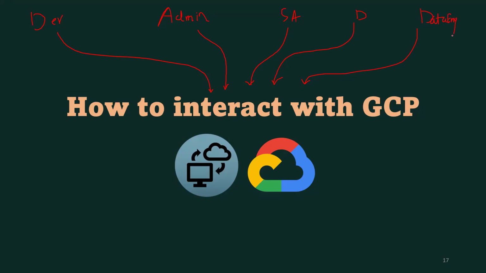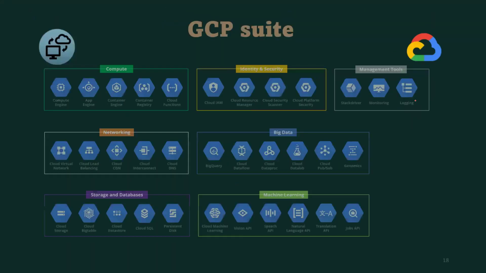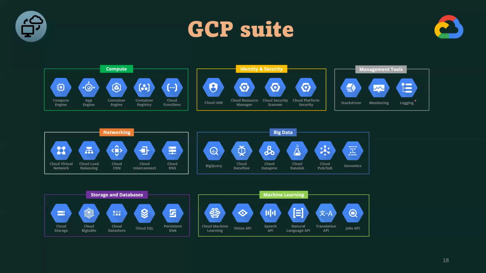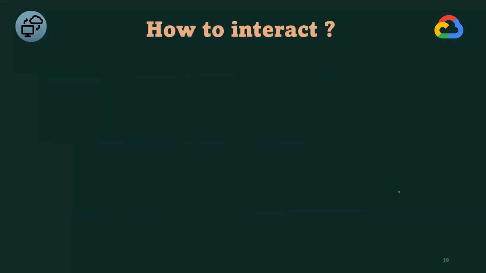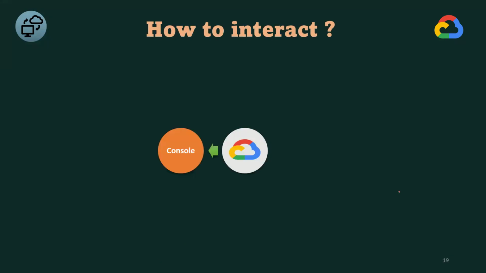As a GCP data engineer, I want to work with plenty of services in the GCP: big data, storage and database services. How many ways can I interact with the GCP services? If you ask me, the very first important aspect is the console. The second is Cloud Shell.